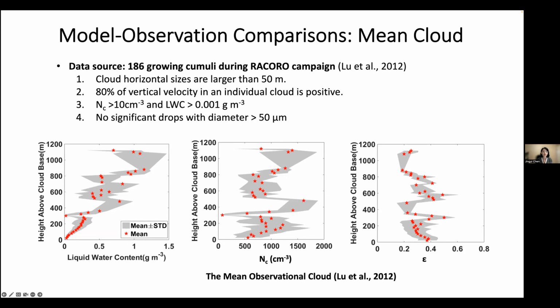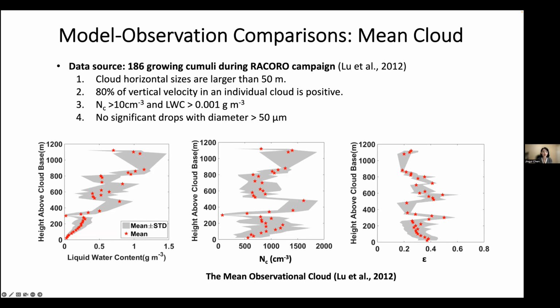Here we have taken this growing cumulus, and here I show the profile of the liquid water content, droplet number concentration, and the relative dispersion. The red star is the mean values, and the shading is the ±1 standard deviation.